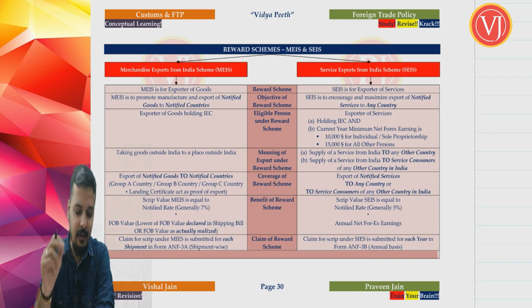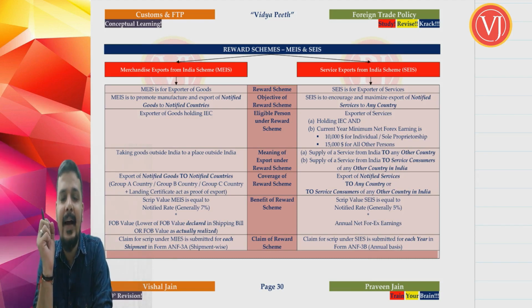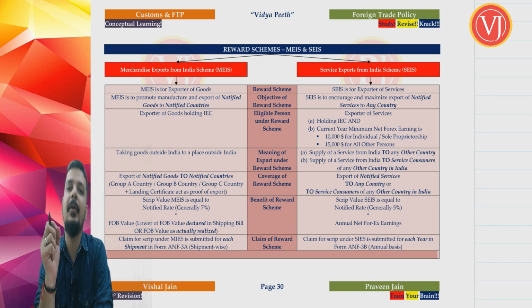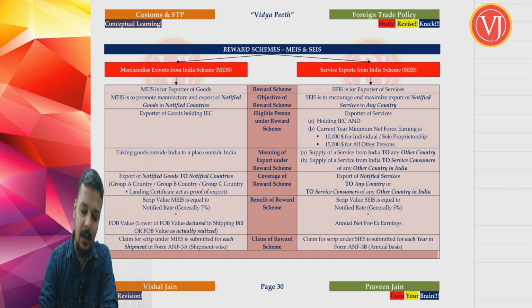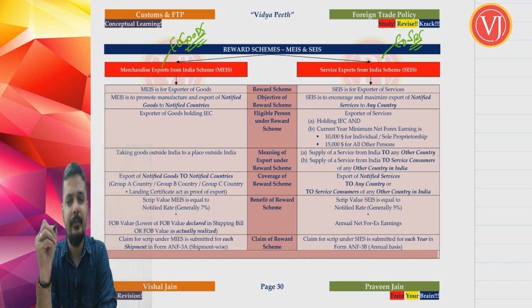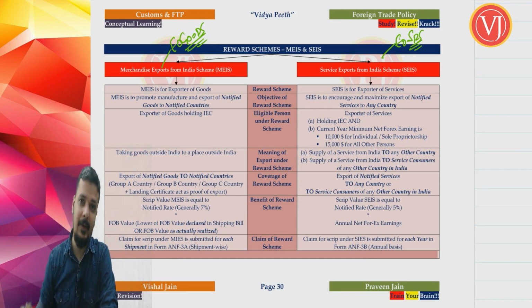Now friends, when you talk about your MEIS script and SEIS script, they are incentives or rewards given by the government of India to the exporters of goods when you talk about MEIS script, and exporters of services when you talk about SEIS script. Service export from India scheme for export of services, and merchandise export from India scheme for exporter of goods, to promote them, incentive.